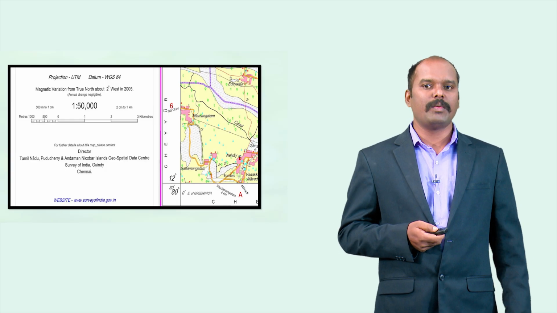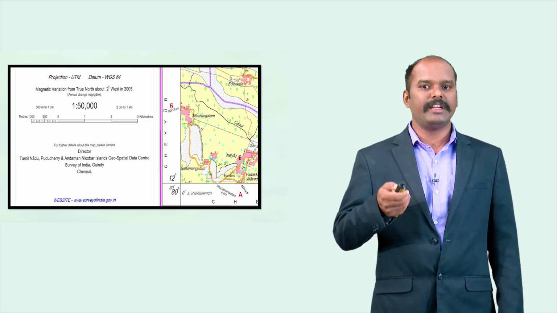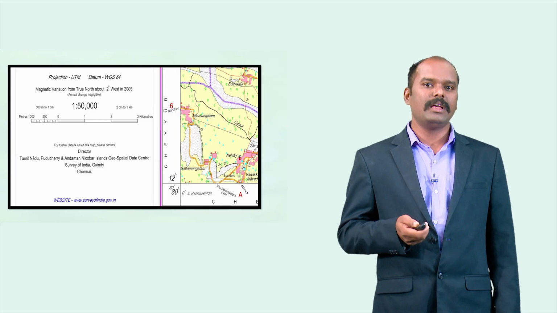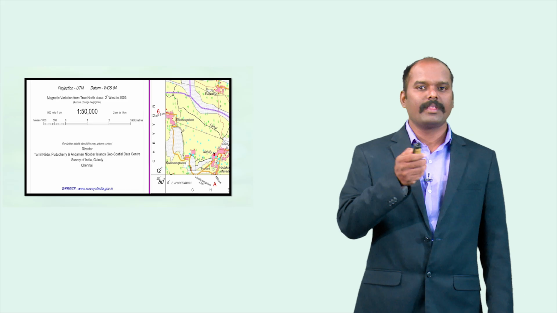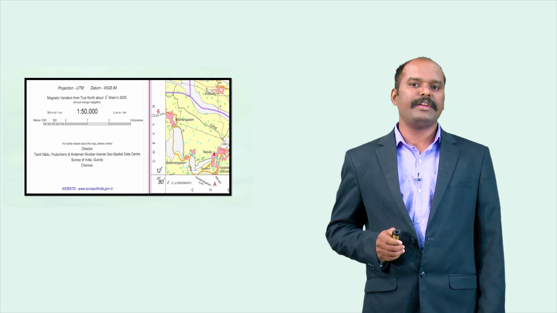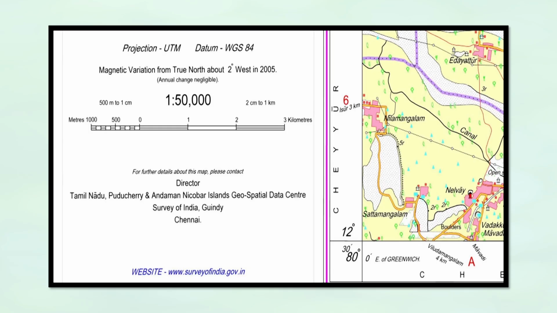It is a digital topographic map. We can also call this an OSM, Open Street Map. You can download it. See, all three different representative methods of scale are present here. 1:50,000 is nothing but the representative fraction type scale, and there is a bar scale below the representative fraction scale.